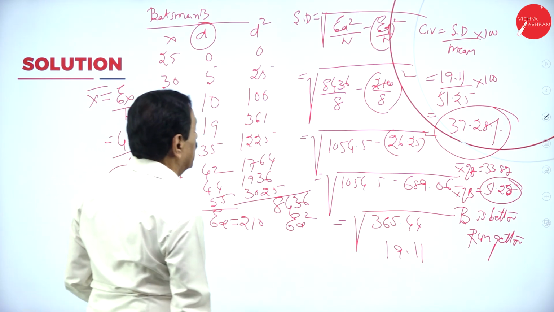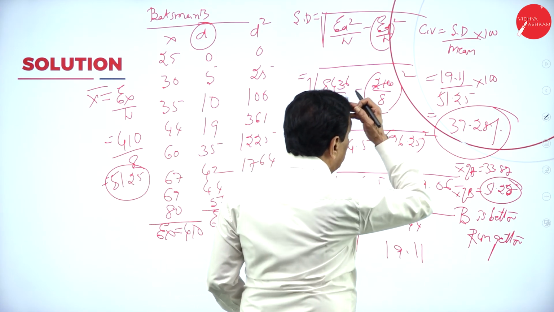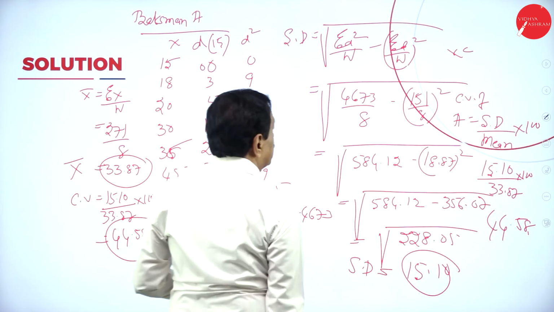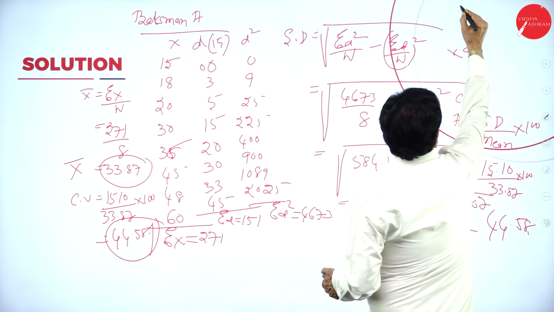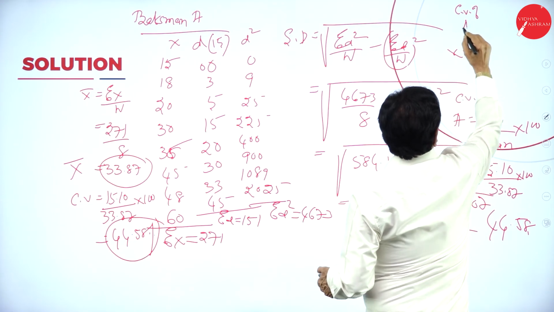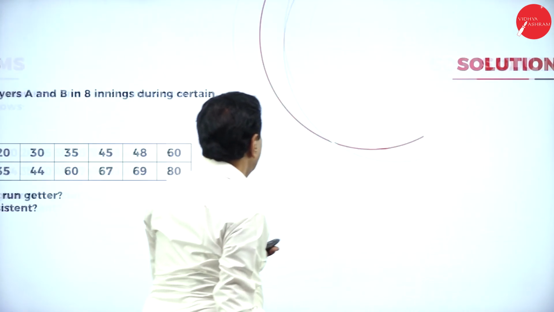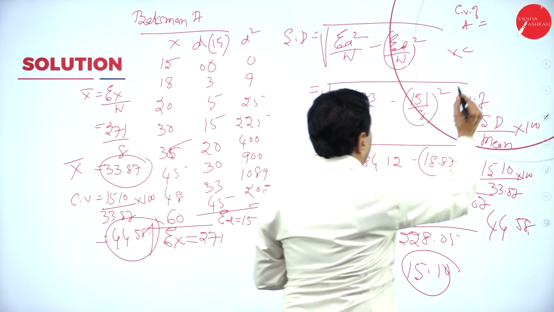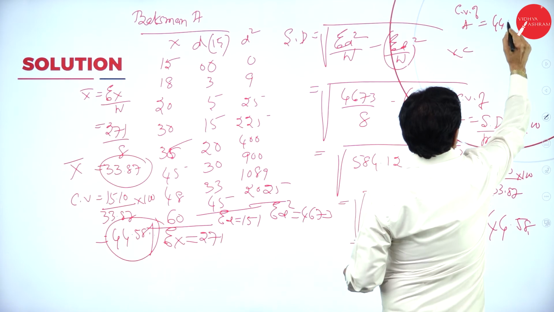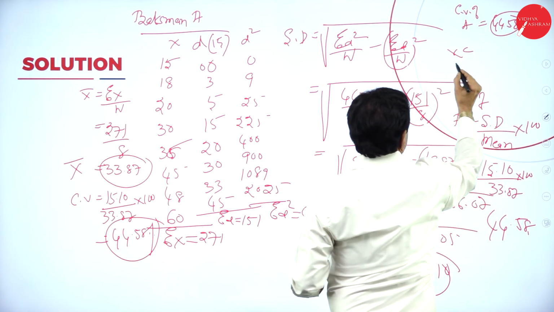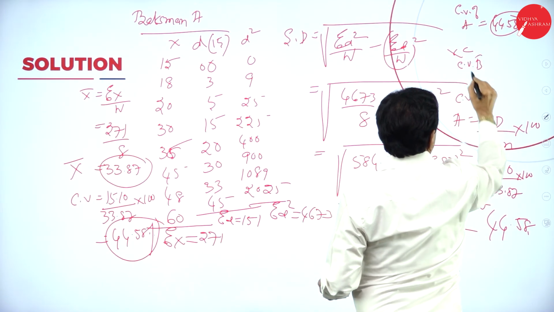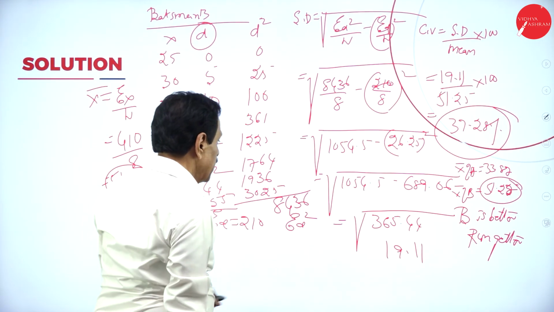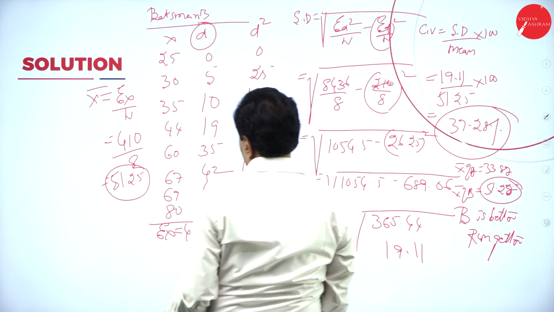Regarding the CV, CV of batsman A is 44.58.